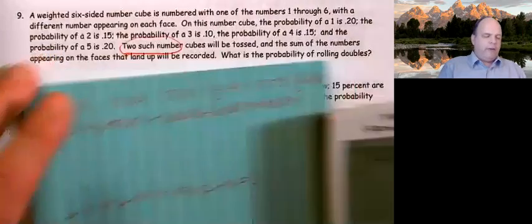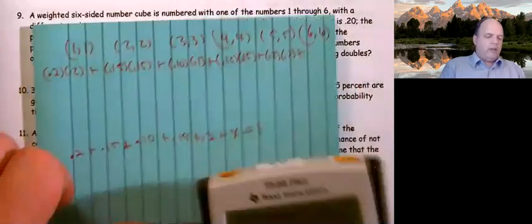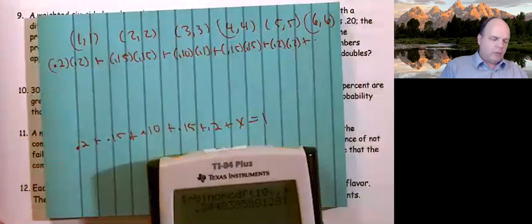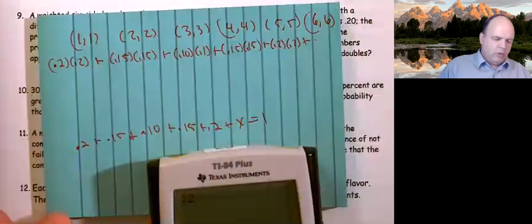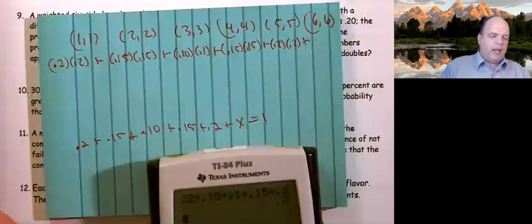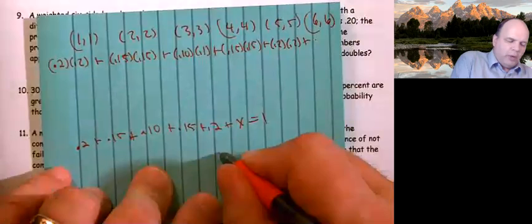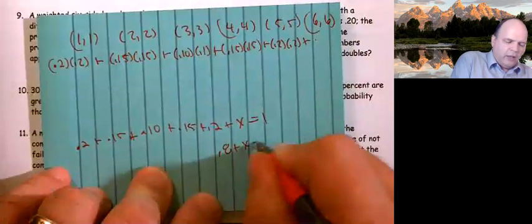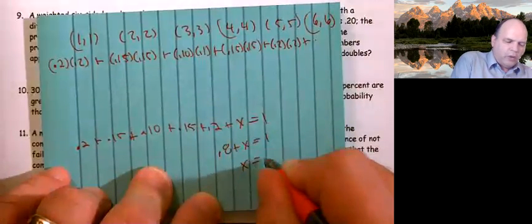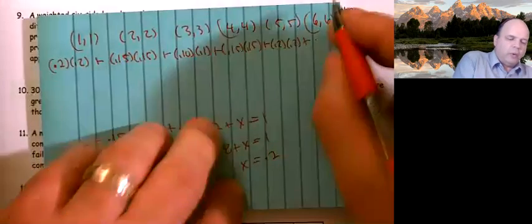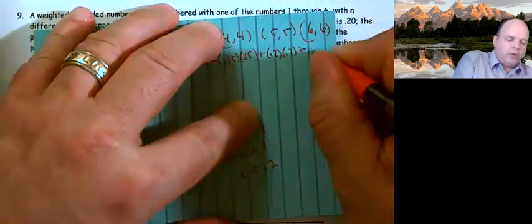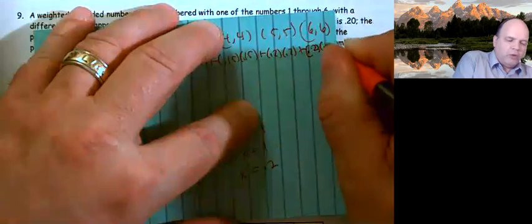All right, so let's go through the work and figure out what that is. 0.2 plus 0.15 plus 0.1 plus 0.15 plus 0.2 equals 0.8. So 0.8 plus x equals 1, so x equals 0.2. So the 6 is 0.2, so this is 0.2 times 0.2.